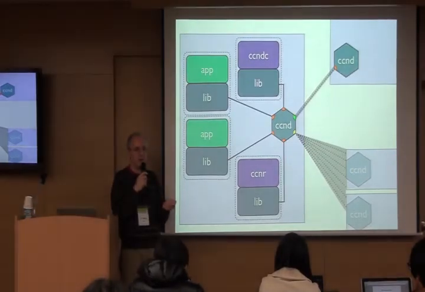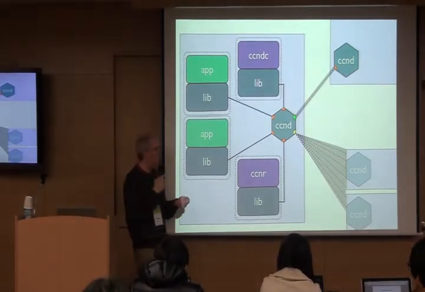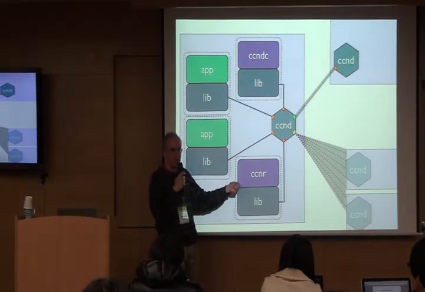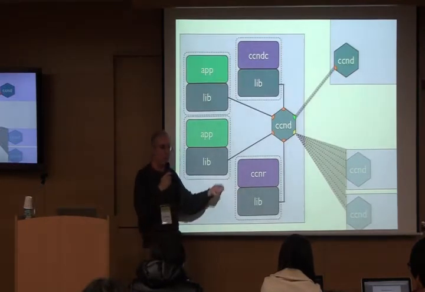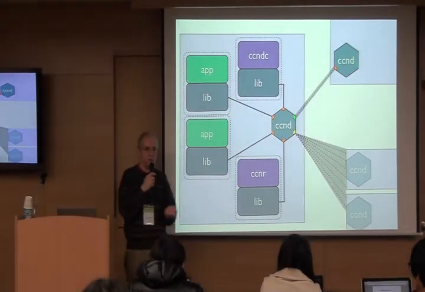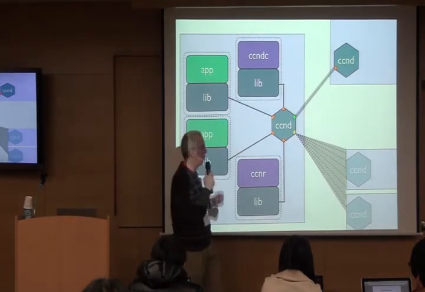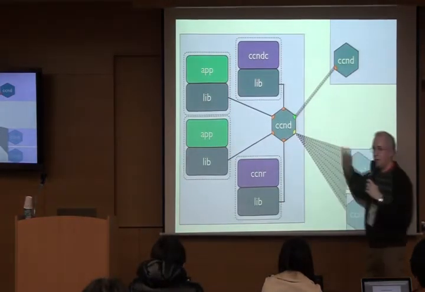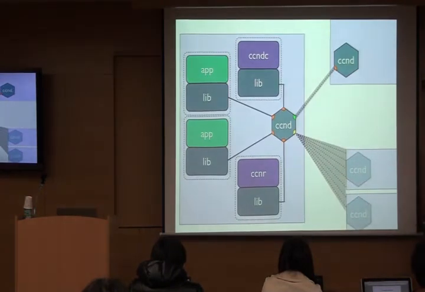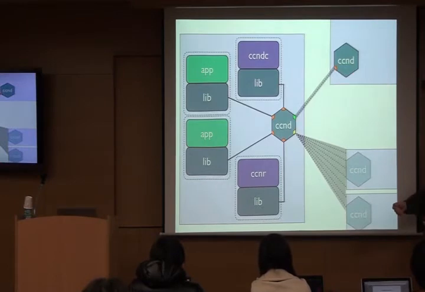It is not the application's job to know whether there's a repository or there isn't a repository, whether the data might be in the repository or it probably won't be, whether the data came from another app on the same node or it came from an app on a different node. None of those things are supposed to be the job of the application. The application asks its question to the network, and the network gives it data, if it is possible to do so.